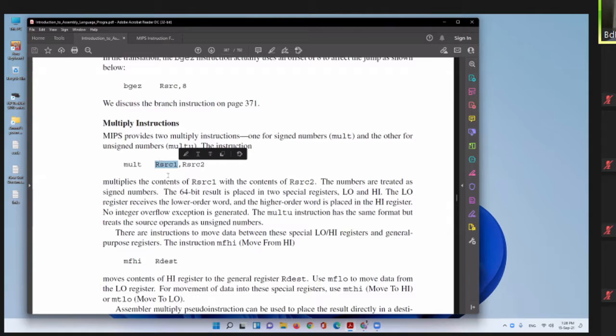What is the size of each register? 32 bits. So when you multiply, how long will the result be? 64 bits, correct. We don't have any 64 bit register. That's why we use 2 special purpose registers, LO and HI. The lower 32 bits, that means the rightmost 32 bits, will be stored into the LO register, and the higher 32 bits, that means the leftmost 32 bits, will be stored into the HI register.